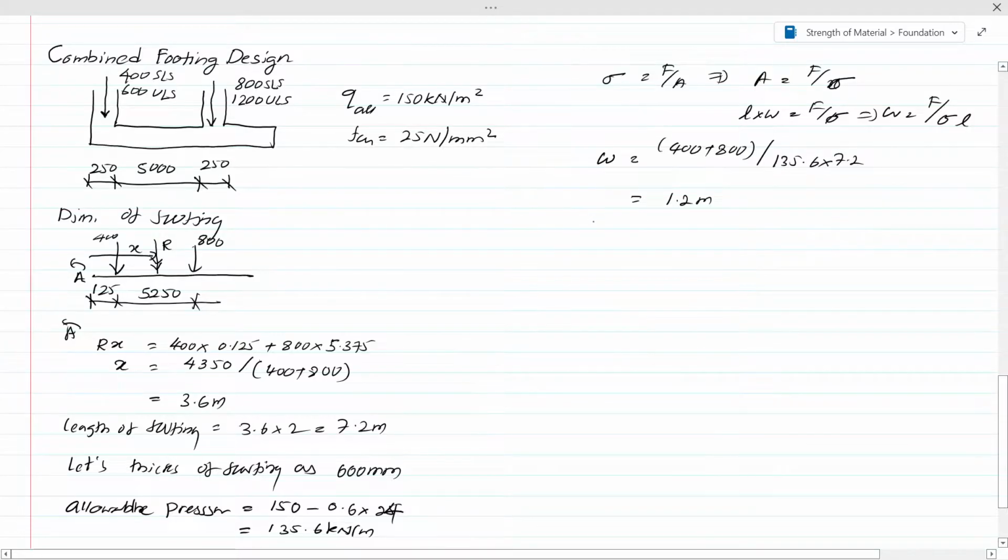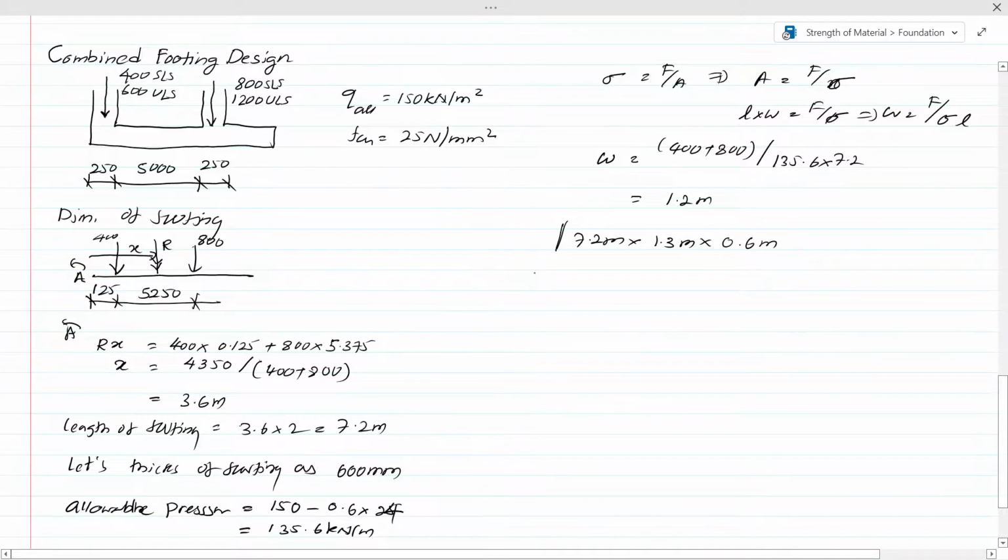We have to be optimized. Therefore, let's consider the dimension of the footing as 7.2 meters into 1.3 meters. We increase a little bit, and the thickness we already assumed as 0.6 meters. Right. These are the dimensions of the footing. Now we know the dimension of the footing.